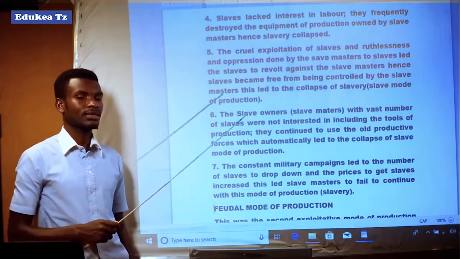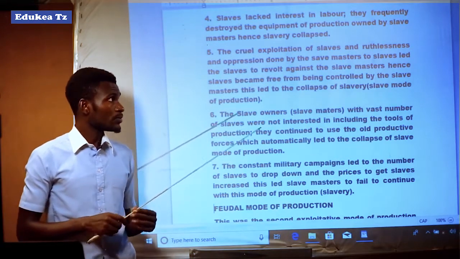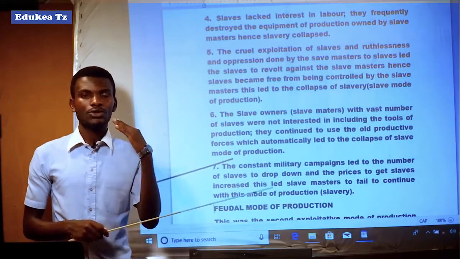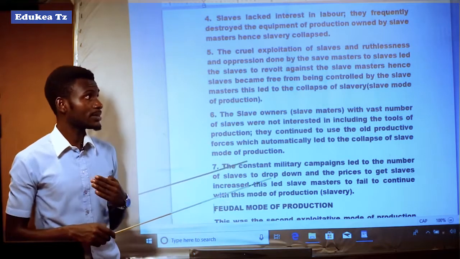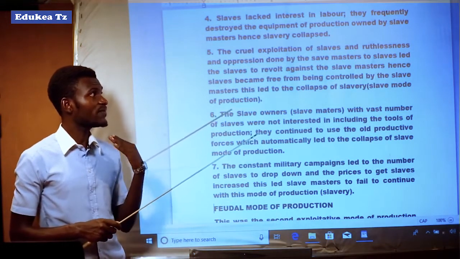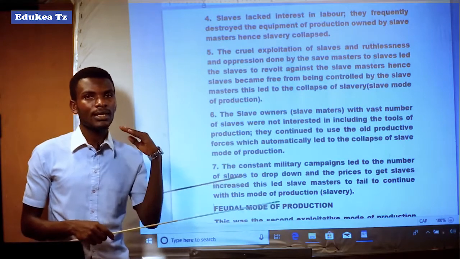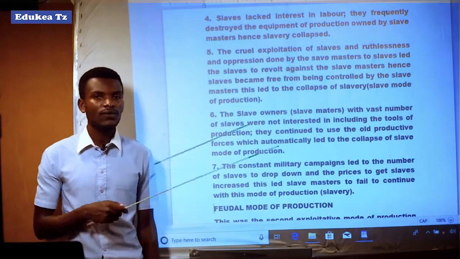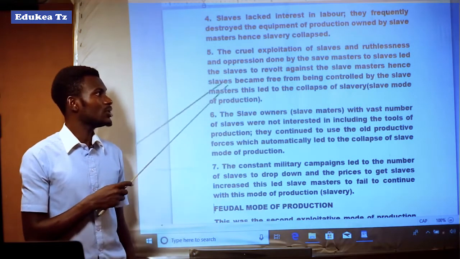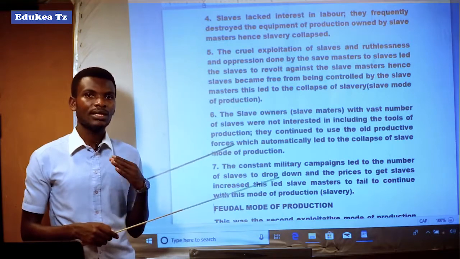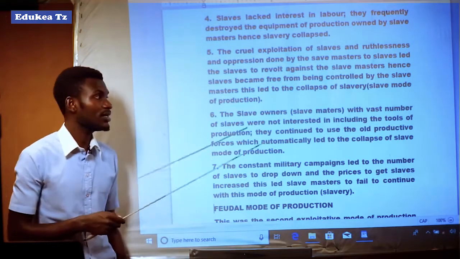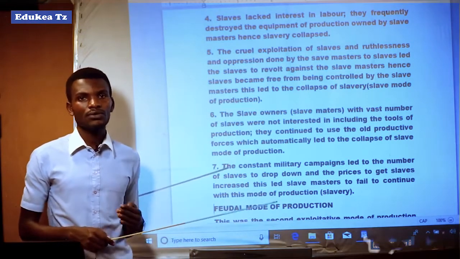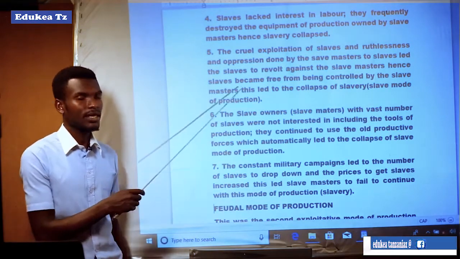It means there was cruel exploitation and oppression by the slave master towards the slaves, which made the slaves revolt and made the slave masters give them freedom, and led to the collapse of slavery, because slavery had no room to continue prevailing in the area, and that gave way for feudalism, or the feudal mode of production, to take the chance.